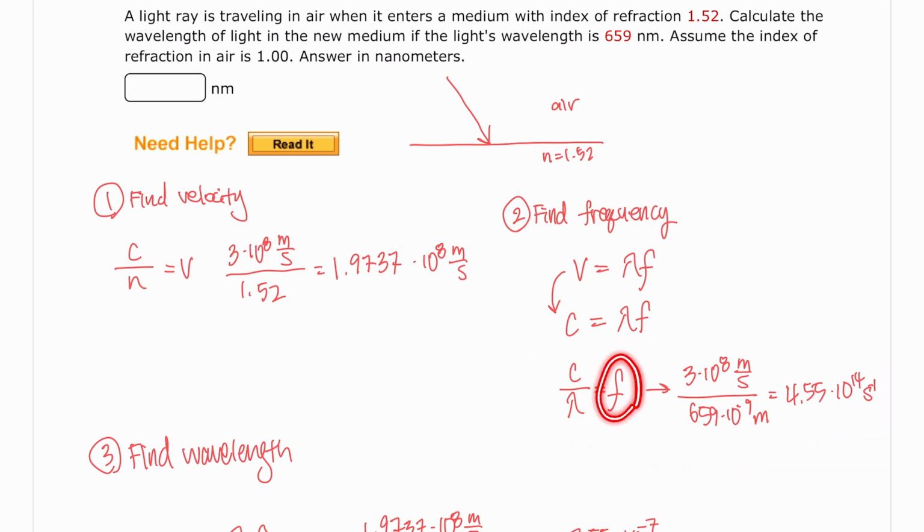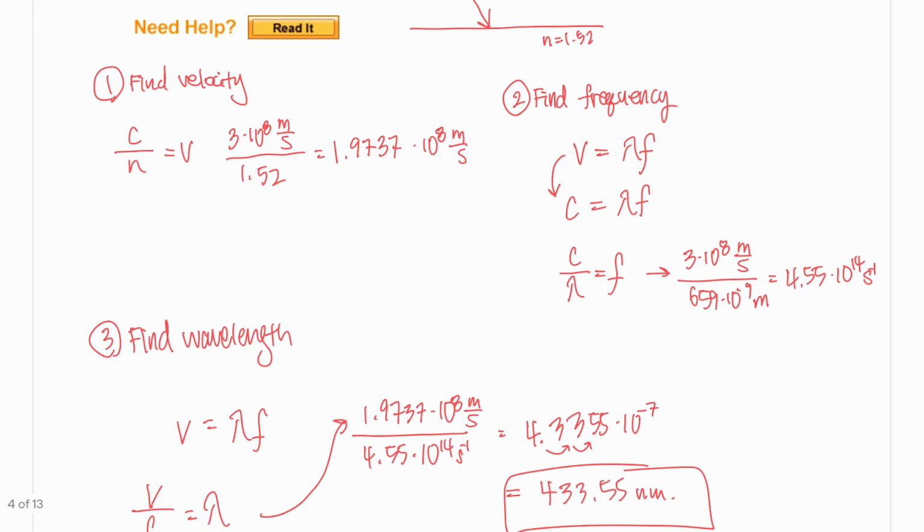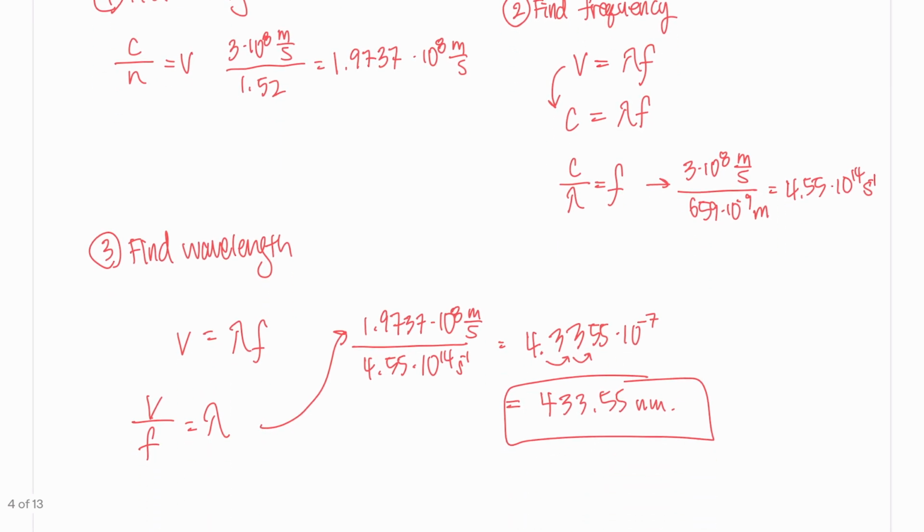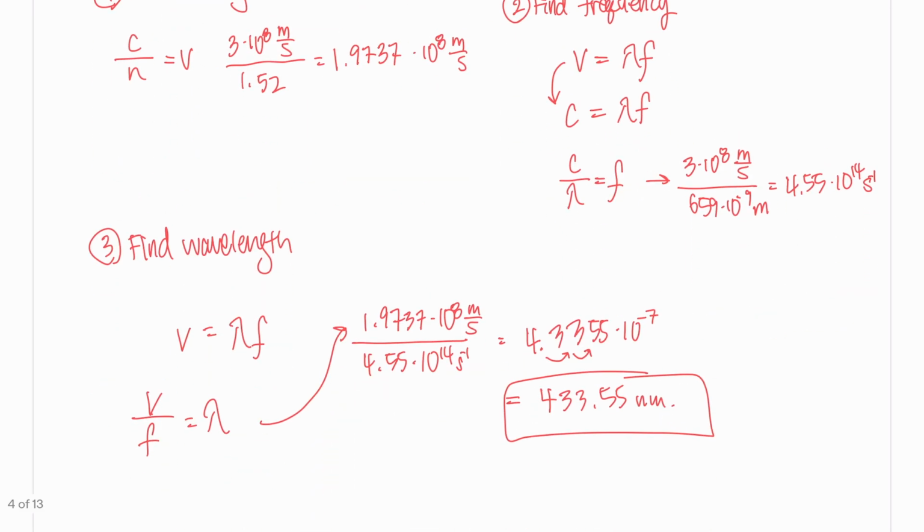And since the frequency is the same wherever you are, you can use that same frequency to now find the wavelength of your light. We found the velocity from before, so we can just plug the values in, and we're using the same equation as this one.